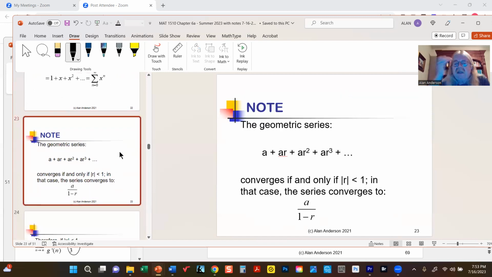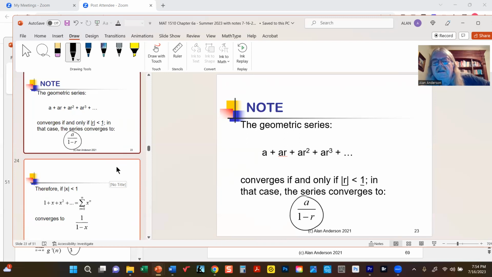So you might recall that a geometric series that looks like this converges if the absolute value of r is less than 1. And if that's the case, this is what it converges to. This is a specific constant, a over 1 minus r.